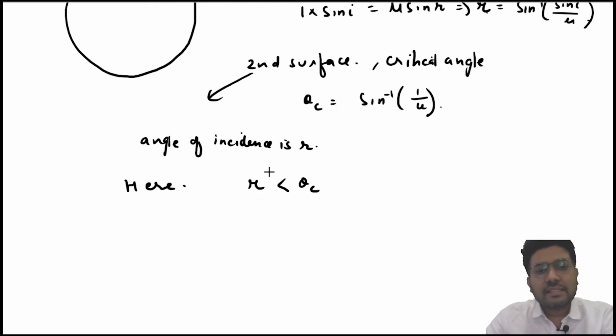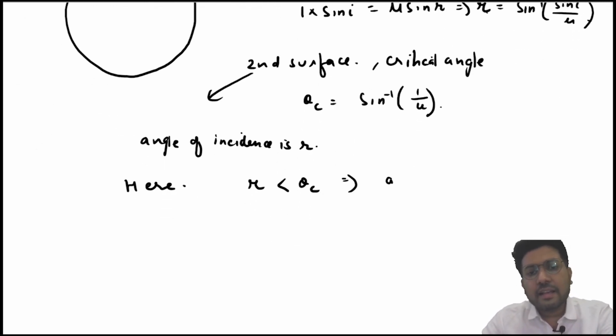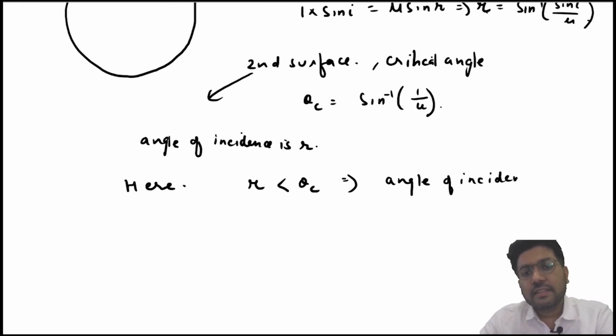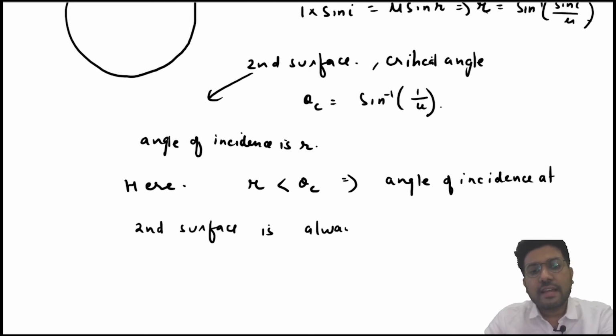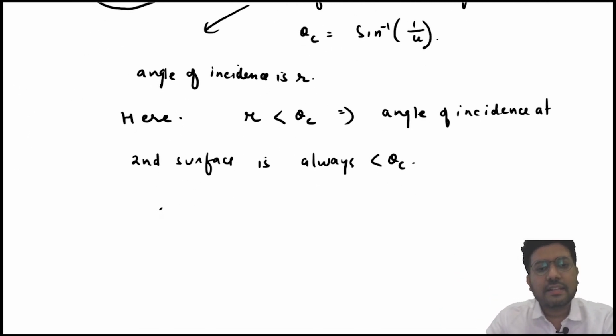If R is less than theta c, that means the angle of incidence at the second surface is always less than theta c. Now if the angle of incidence at the second surface is less than theta c, then you will say that therefore there cannot be any total internal reflection.